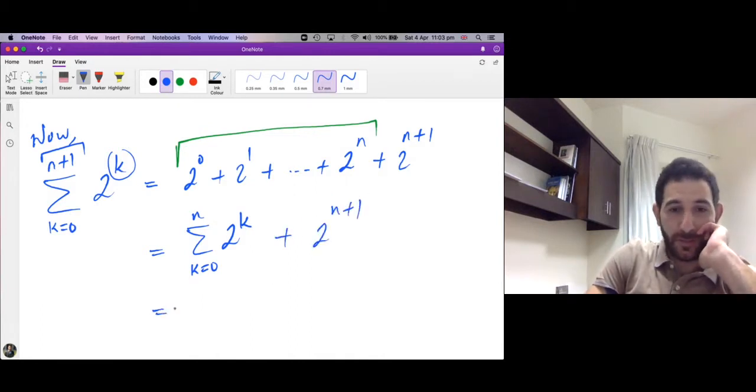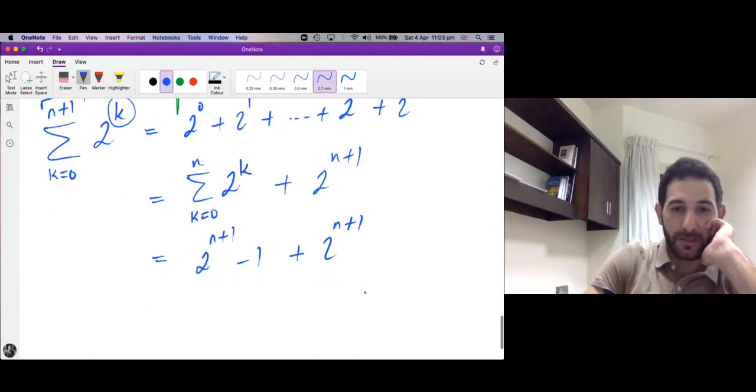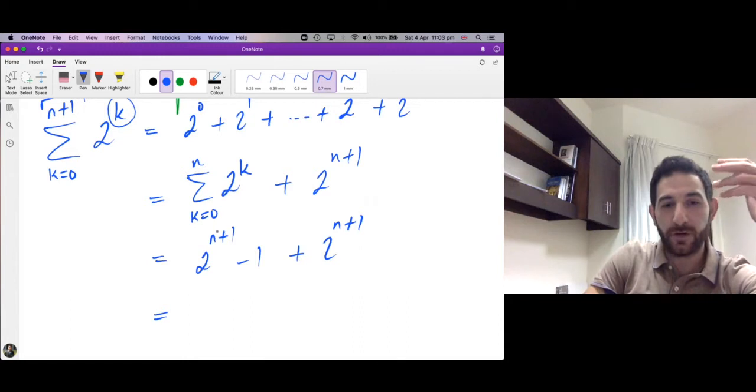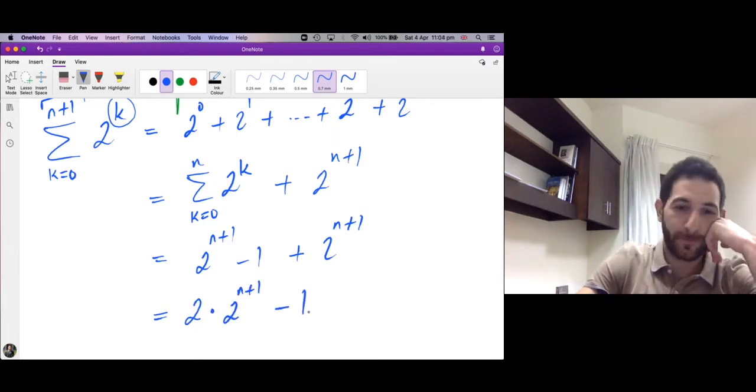Okay, by the induction hypothesis we know that this sum is equal to 2 to the n plus 1 minus 1, plus 2 to the n plus 1, right? Now what is this? This is this number, say call it x, and this number is the same, x, so x plus x is 2x, so this is 2 times x minus 1.